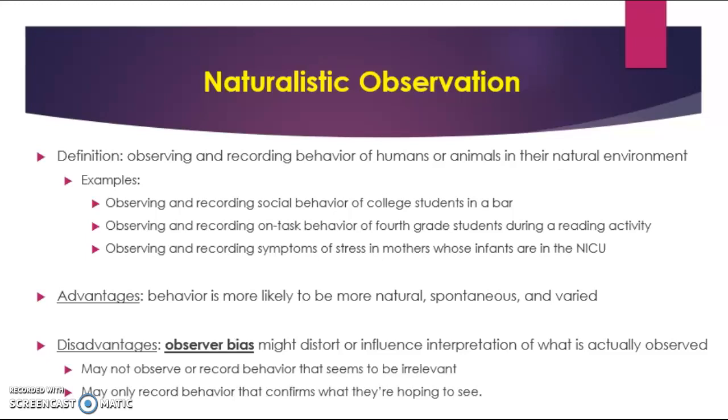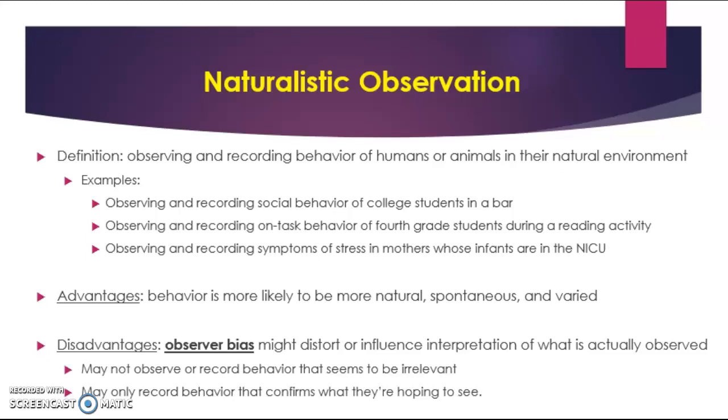You can also have more than one person go in and compare observations with each other. So if I go and observe the mothers who have babies in the NICU, and another psychologist also goes and observes, and we compare notes and say, oh yeah, we're noticing the same sorts of things, that can help minimize bias.